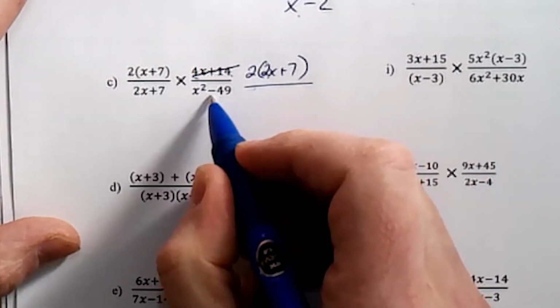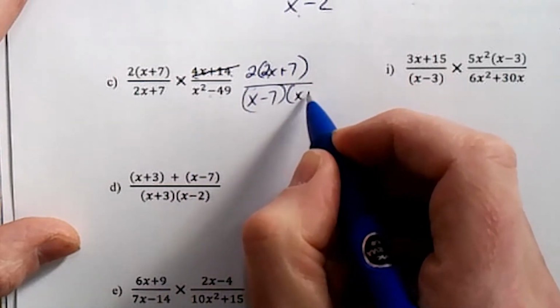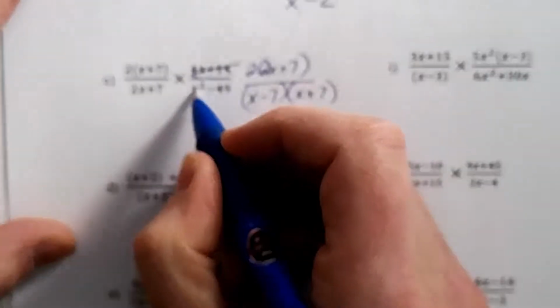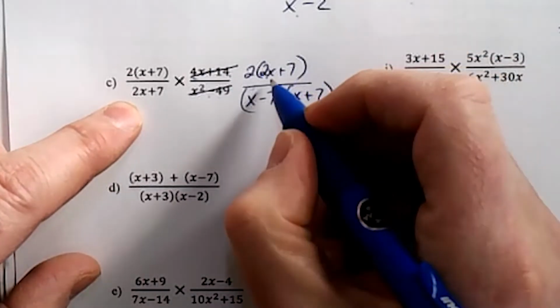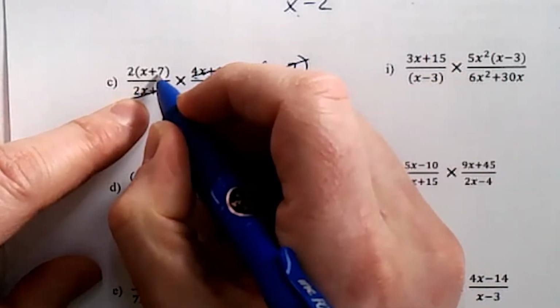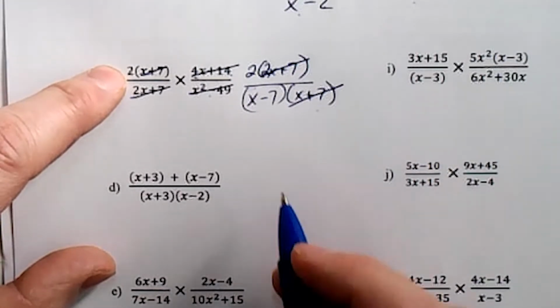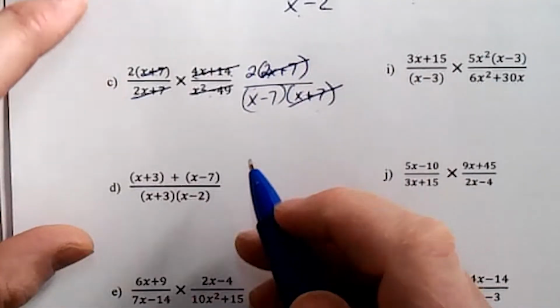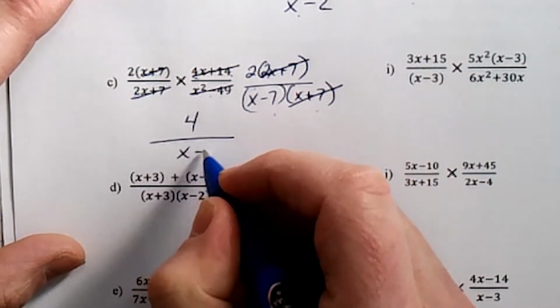On bottom, it's difference of squares. Cross that out because I've factored it. So 2x plus 7, cancel it. The x plus 7s, cancel that. And all that's left is a 2 and another 2 on top. And on bottom, I have 1 binomial left.